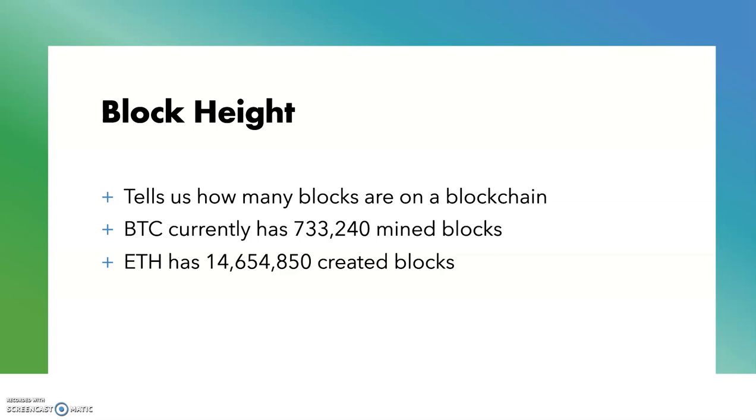And when somebody, whether it's a person or institution, mines a new block and closes it, they receive 6.25 Bitcoin. Now again, Ethereum is a different beast. It's more free form, and so it has 14.65 million blocks already. And it is adding, I believe, 6,000 blocks every single day.